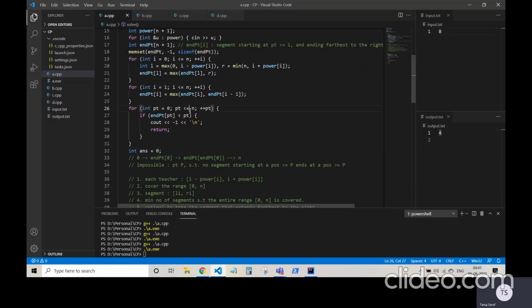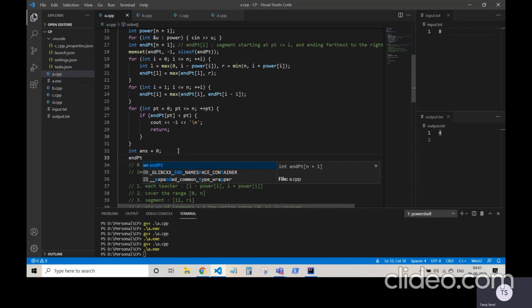Okay, and one slight implementation detail that I forgot to take care of is that over here point is less than or equal to n, right? And for the nth point, since we have already covered the nth point, we don't care about any segment that starts at it or ends wherever. If we are able to reach that point, then it is sufficient. So what we can do is set the endpoint of n as n plus 1, and we should only be checking this till less than n.